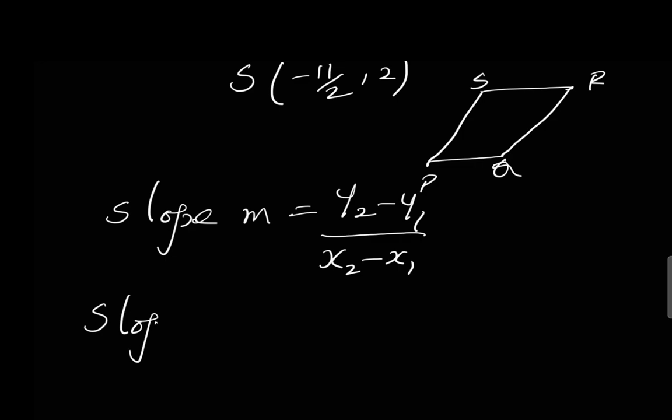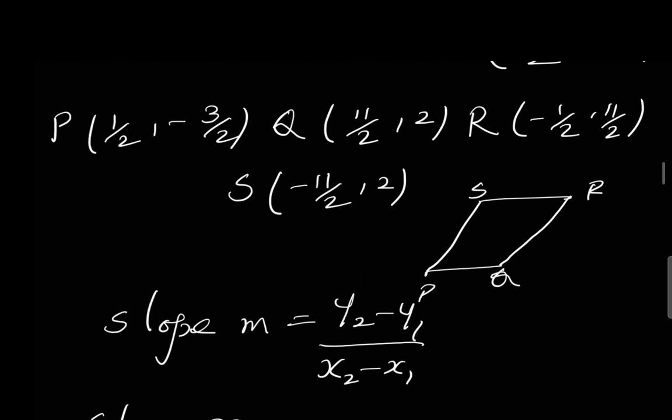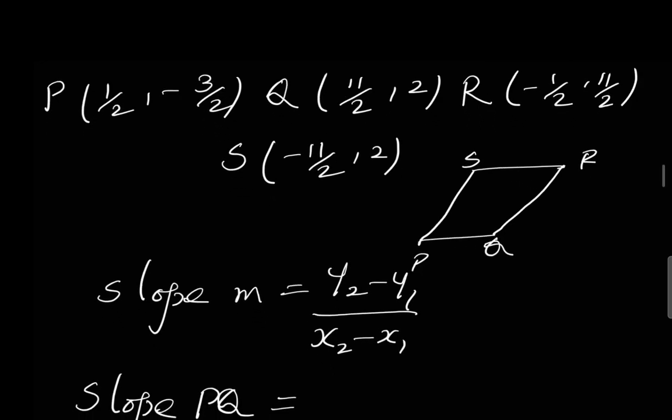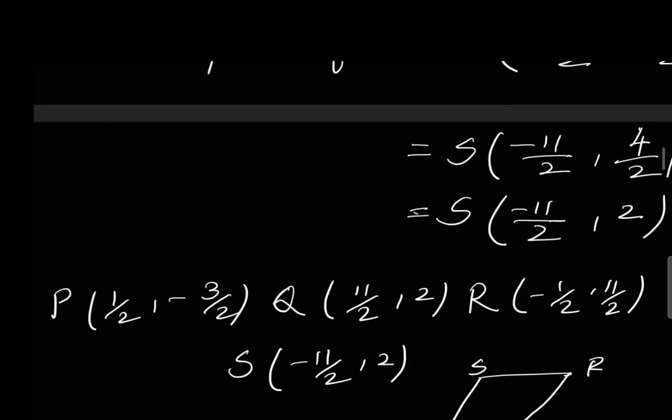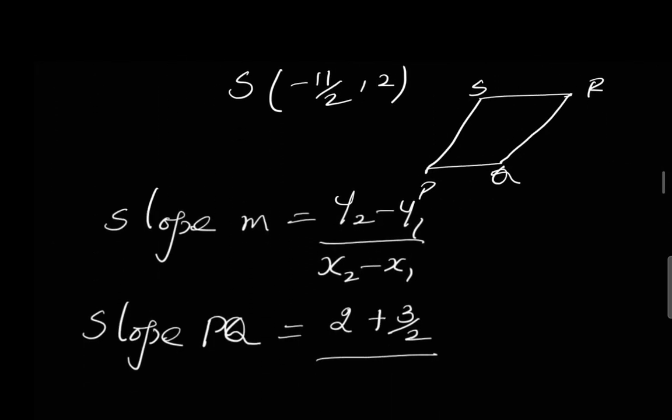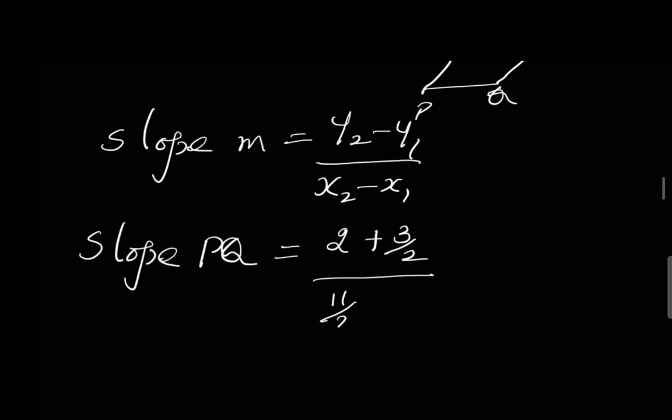Find slope PQ. Take x1, y1, x2, y2 and substitute the values, as you have practiced. y2 minus y1 is 2 minus minus 3 by 2, that is plus 3 by 2, divided by 11 by 2 minus 1 by 2.